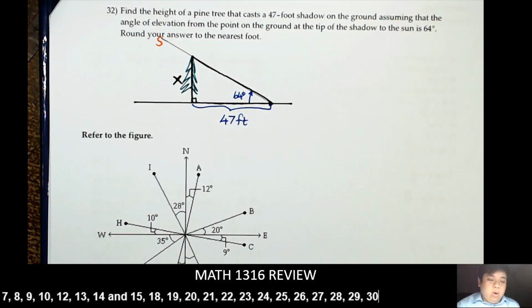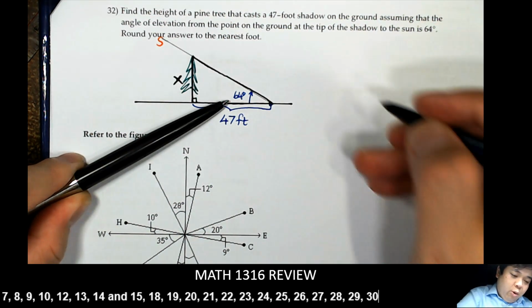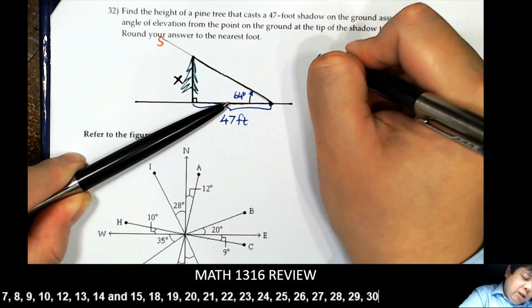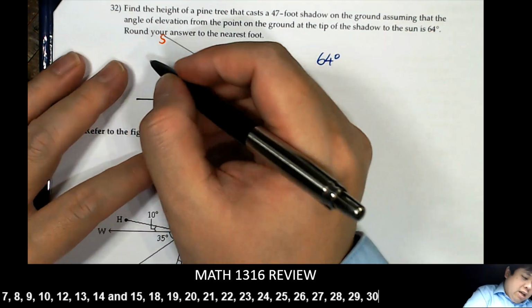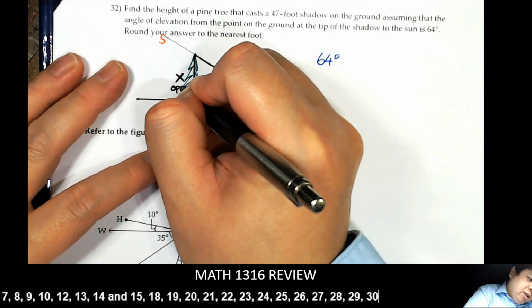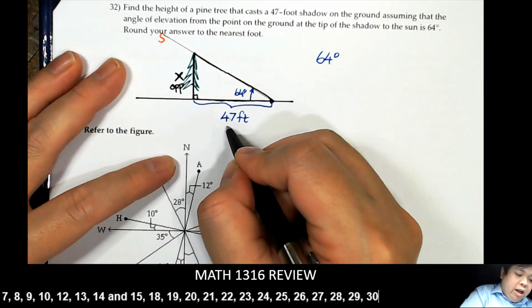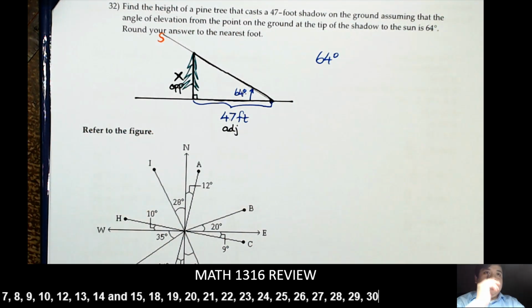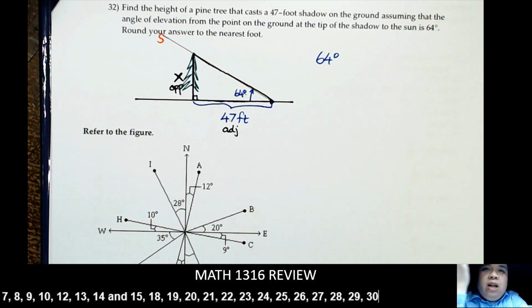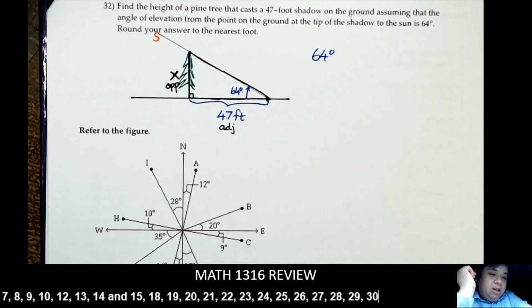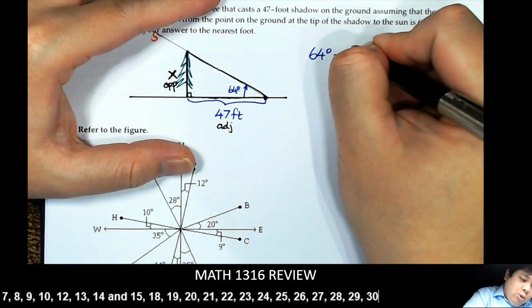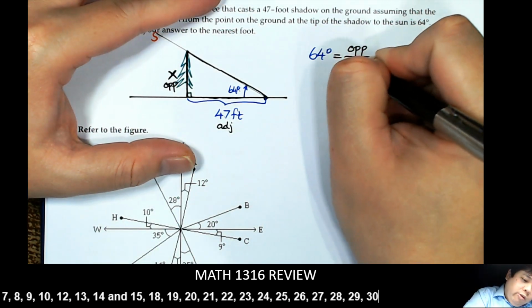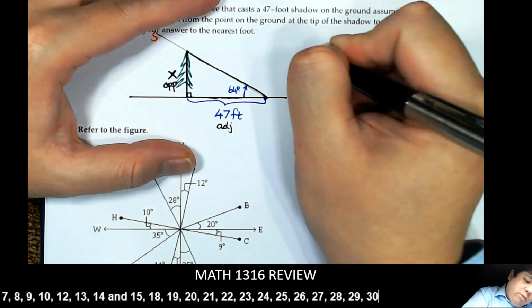So in the right triangle here, with respect to 64 degrees, we have x as opposite and 47 as adjacent with respect to angle 64 degrees. So what ratio has opposite and adjacent? So let's use opposite over adjacent, which of course is tangent.